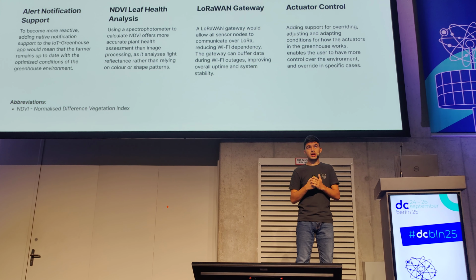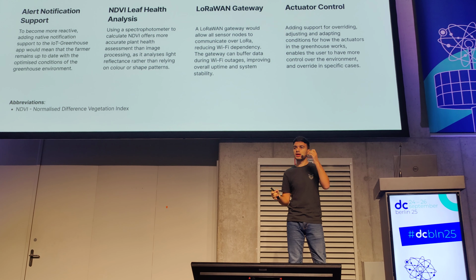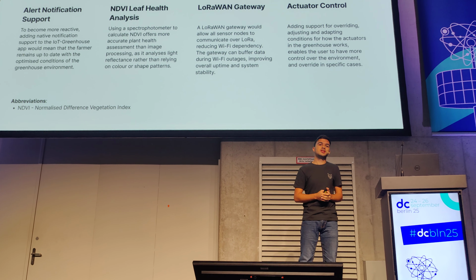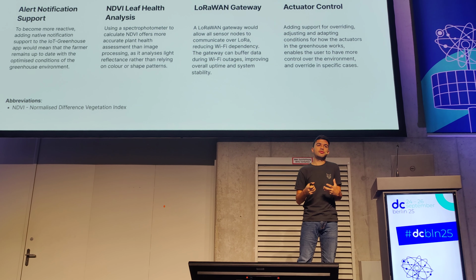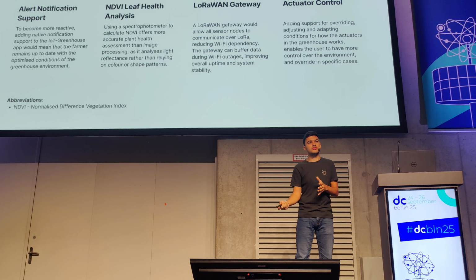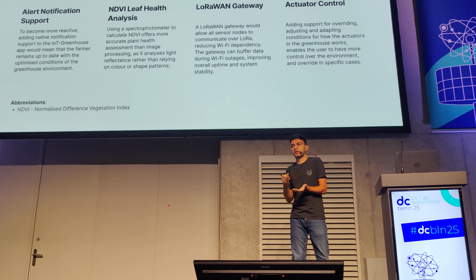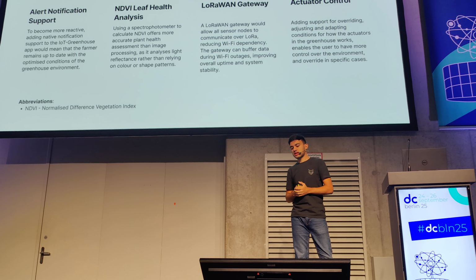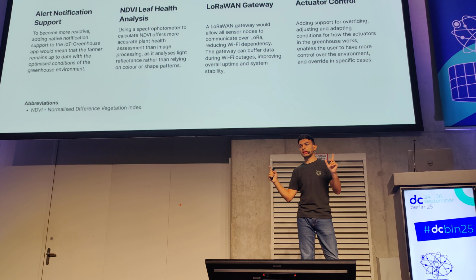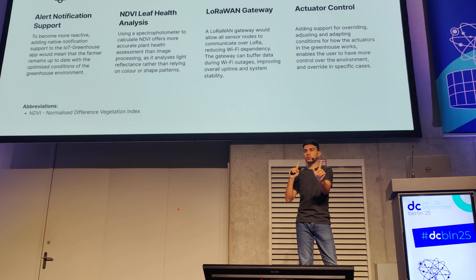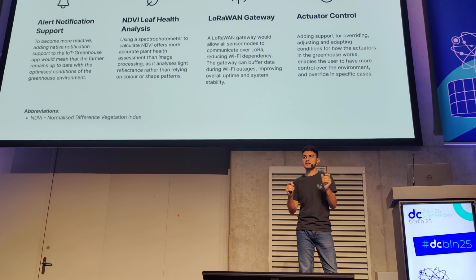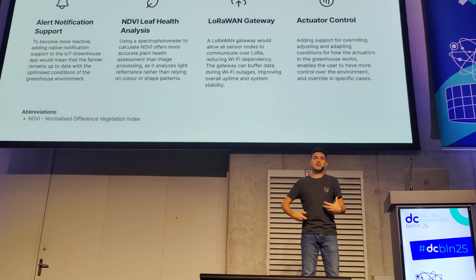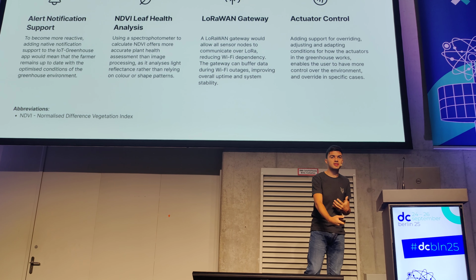At the same time, I didn't have a LoRaWAN gateway in my network setup. This is useful if the internet connection in the greenhouse abruptly cuts out. In this case, the LoRaWAN gateway will be the interface between the sensing node and the internet. So in case there's no internet, it will start caching, storing it in a database.